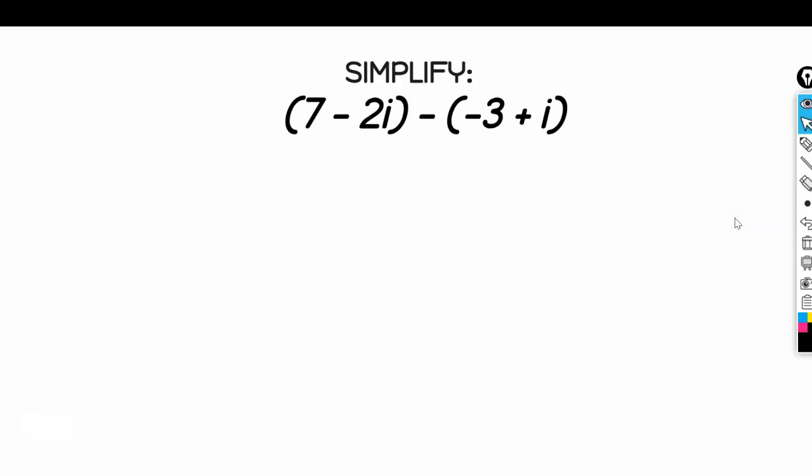Moving on to a subtraction problem. The fact that this is a minus sign in between the parentheses tells you that it is subtraction. With subtraction, we have to remember that what's changing is the stuff over here, since this is what I'm subtracting.